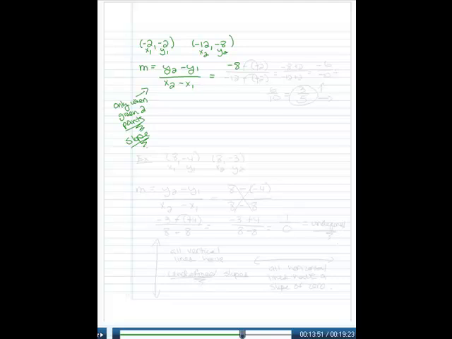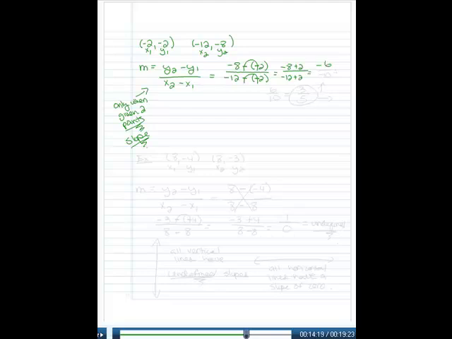So I have negative 8, minus sign in the formula, and y1 is negative 2, divided by x2, which is negative 12, minus sign in the formula, x1, which also happens to be negative. So you're going to see that this negative makes this negative a plus, so it's really negative 8 plus 2, divided by, again, this negative makes this negative a plus, so it's negative 12 plus 2.